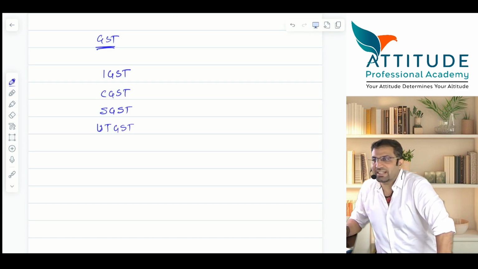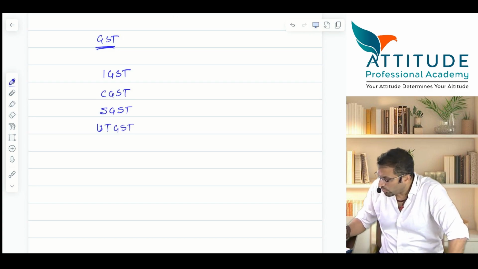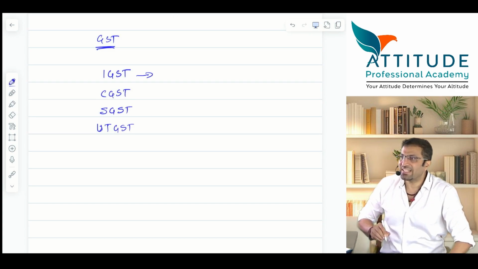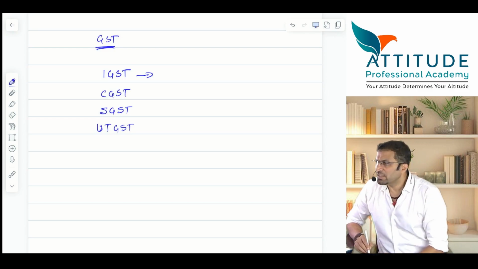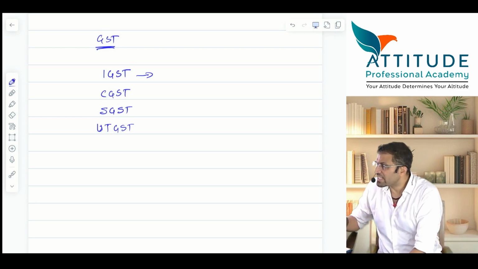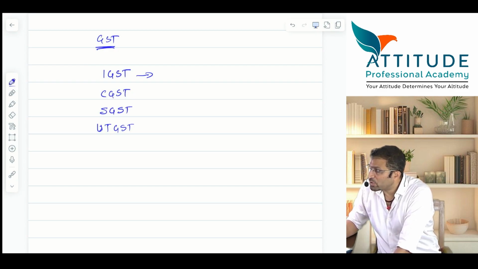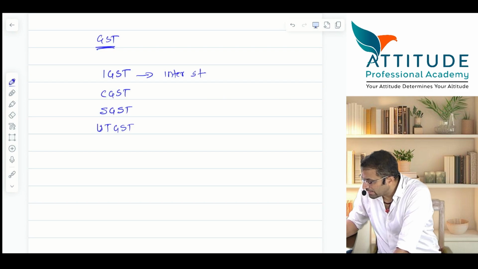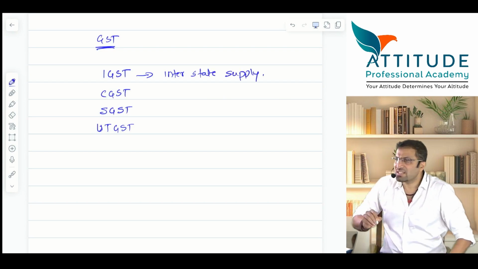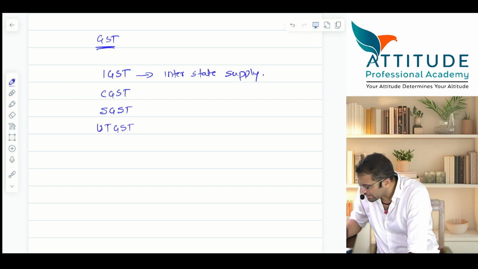Only thing, union territory का. ये कब आता है? IGST will be applied when goods are sold from one state to another, so interstate. Interstate supply. Either supply of goods or supply of services.